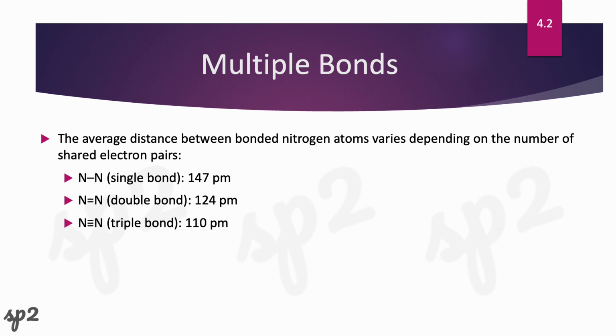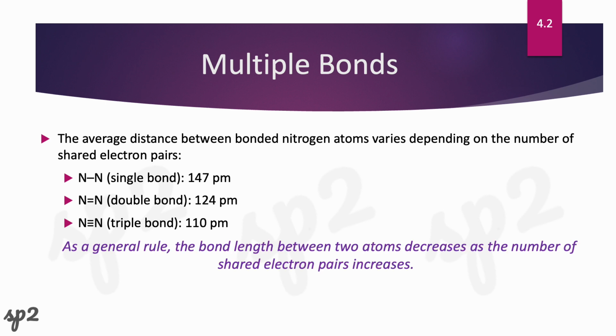And if I have a triple bond, three pairs of electrons shared, that would be 110 picometers. So as you can see, this is a general rule: the bond length between the two atoms always decreases as the number of shared electrons increases, right? So the more electrons shared, the stronger the bond is, and therefore the two atoms get closer to each other. Okay, I hope that makes sense.